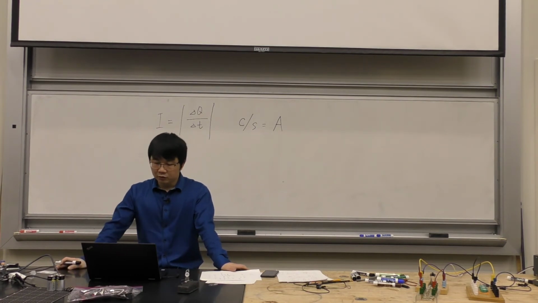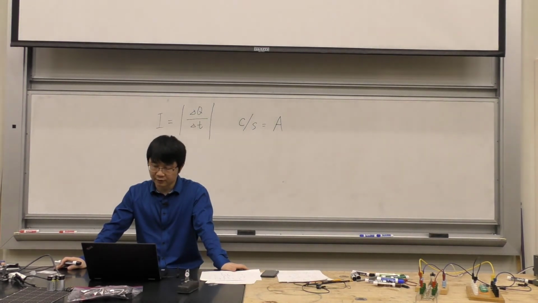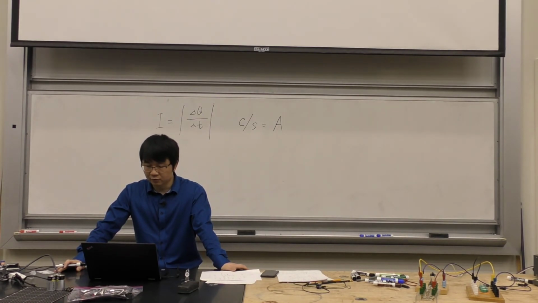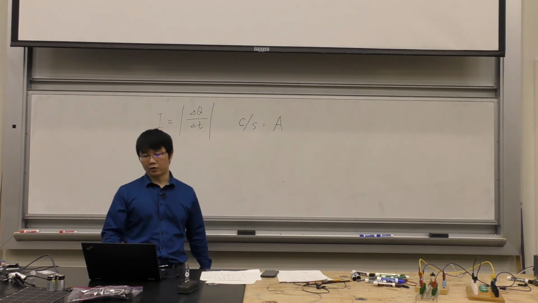Now I want you to practice this definition using this question on slide 3. 7.5 times 10 to the 14th electrons flow through a transistor in 8 milliseconds. What is the current through this transistor? How do you find the current?